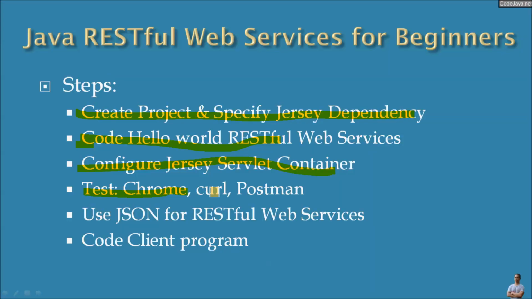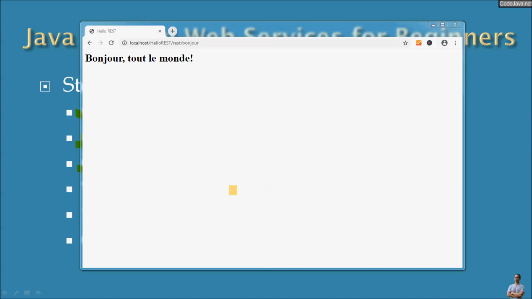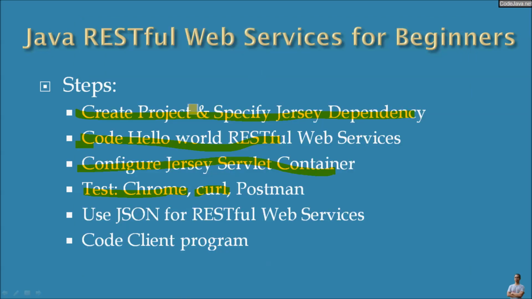And now I will guide you how to use the cURL tool to test RESTful Web Service. cURL is a command line tool which is widely used to test RESTful Web Service APIs.